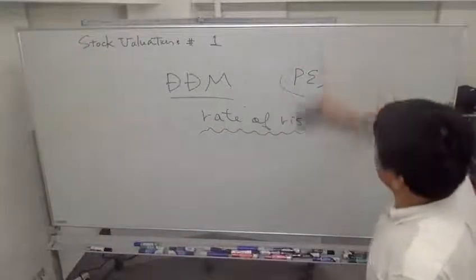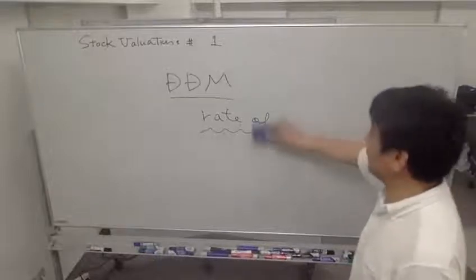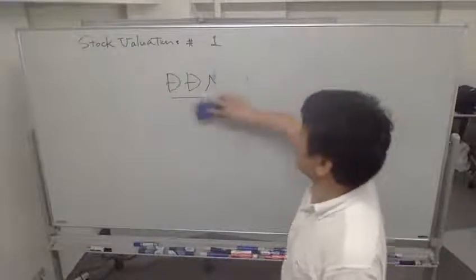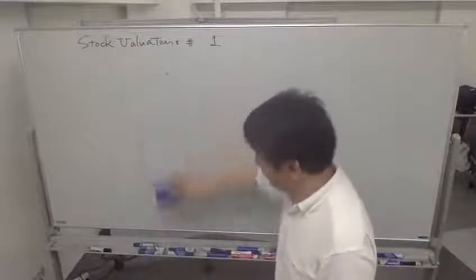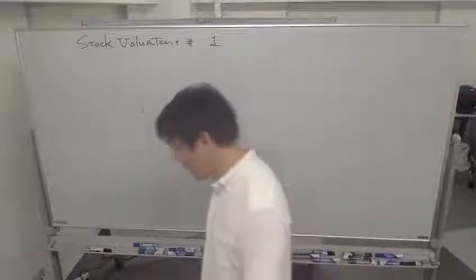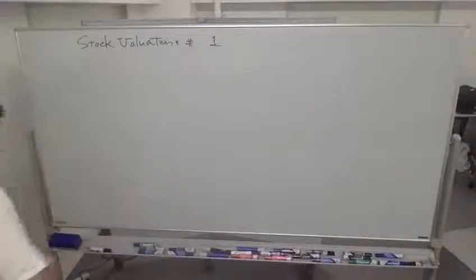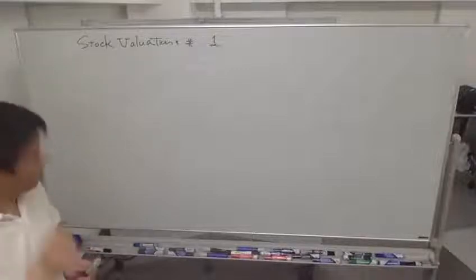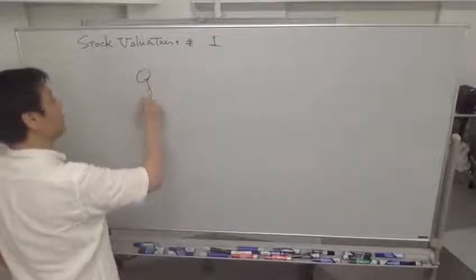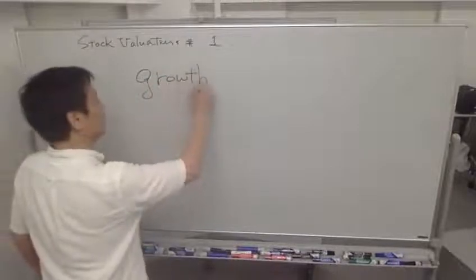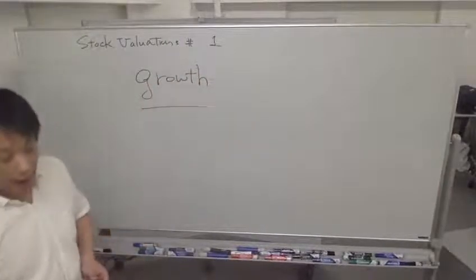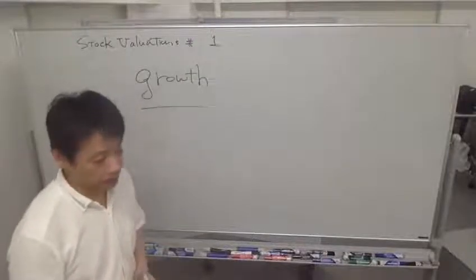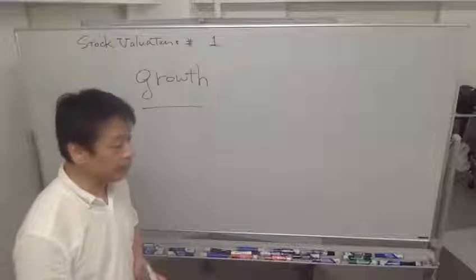But DDM is a relatively complicated concept, so I need to give you preparation short courses, at least 4 or 5 times. Today, I give you growth. How do we calculate growth specifically?